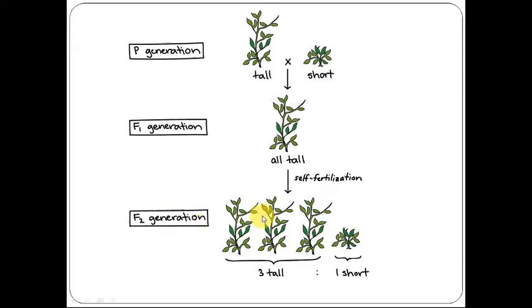But in the F2 generation, self-fertilization causes one short plant. This led to the conclusion that if there is a dominant character and a recessive character and they are made to fertilize, there might be a 3:1 ratio.